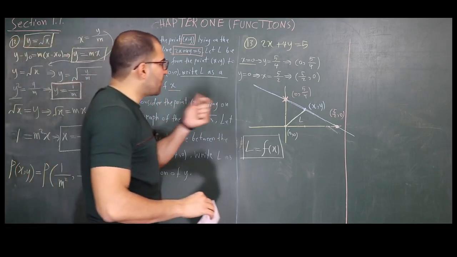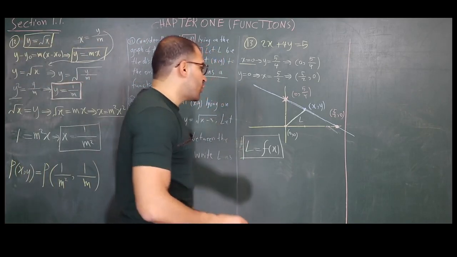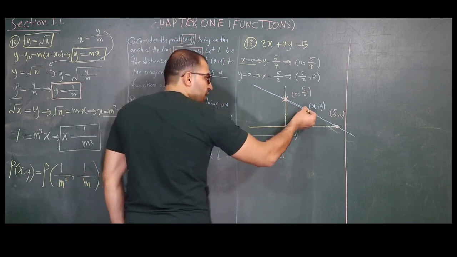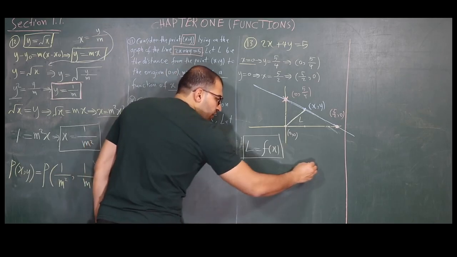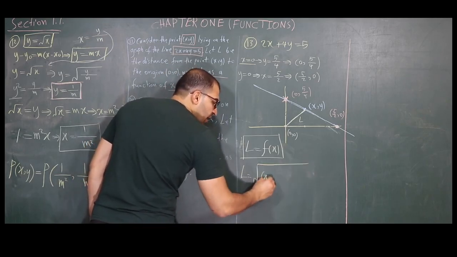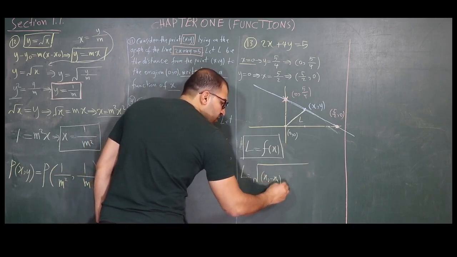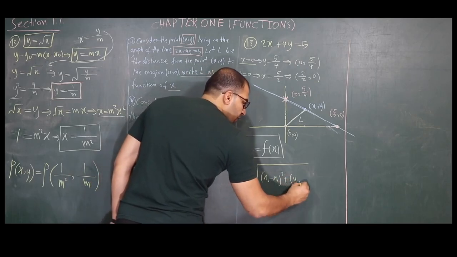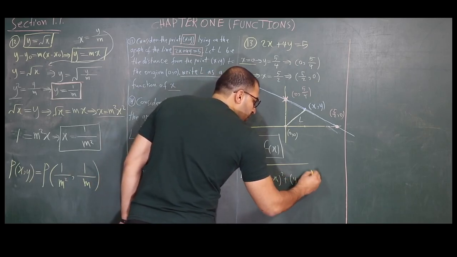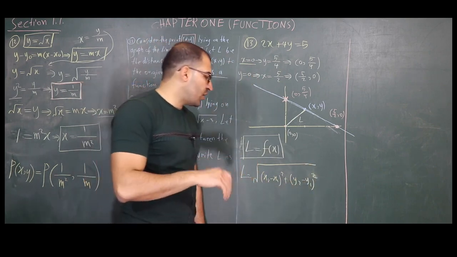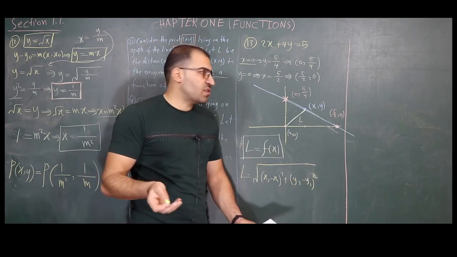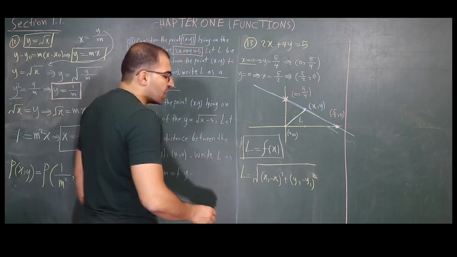And we can start from the line first. The distance between this point and this point could be found from the distance law, which is the square root of (x2 minus x1) squared plus (y2 minus y1) squared. By x2, x1, y2, y1, I mean the coordinates of any 2 points in the plane.